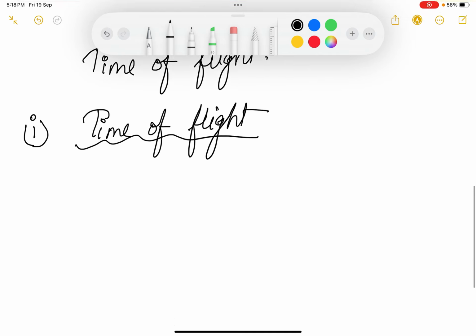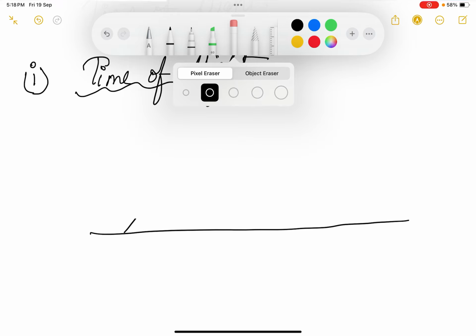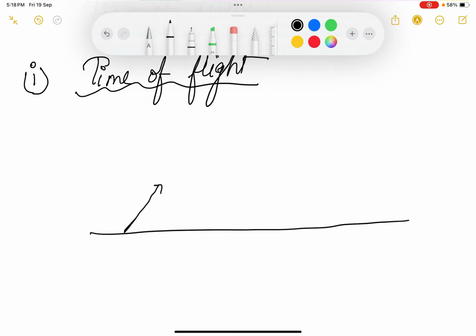Suppose we have thrown the object. This is horizontal, this is ground, and I am throwing one ball or object at an angle of theta. The object will go like this and come in this way.